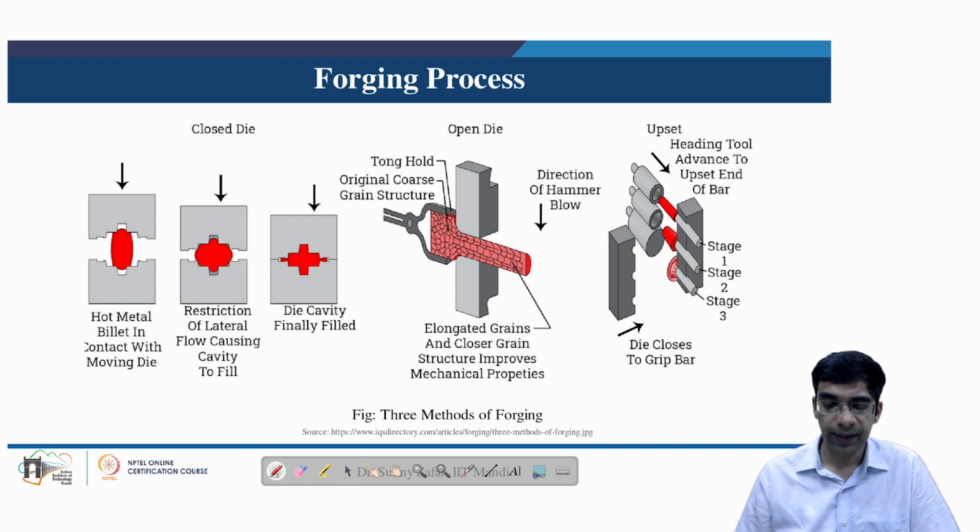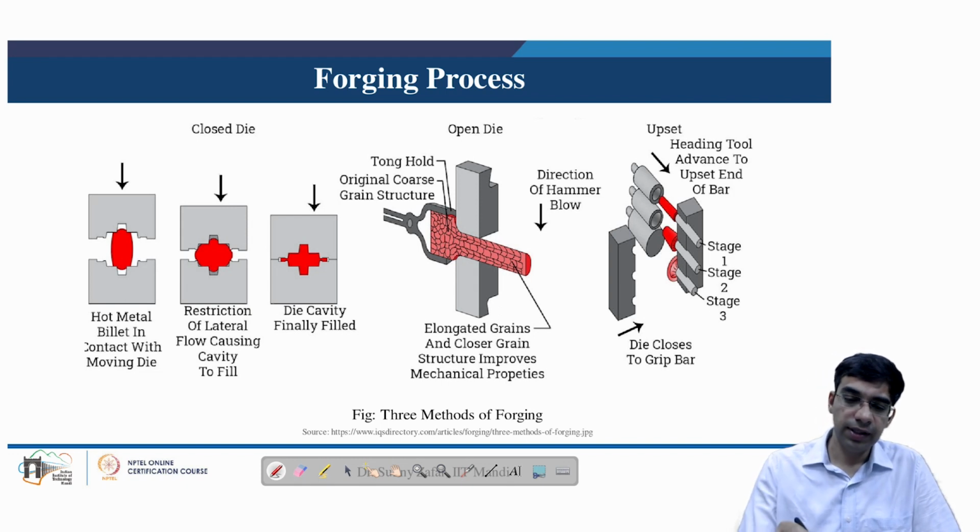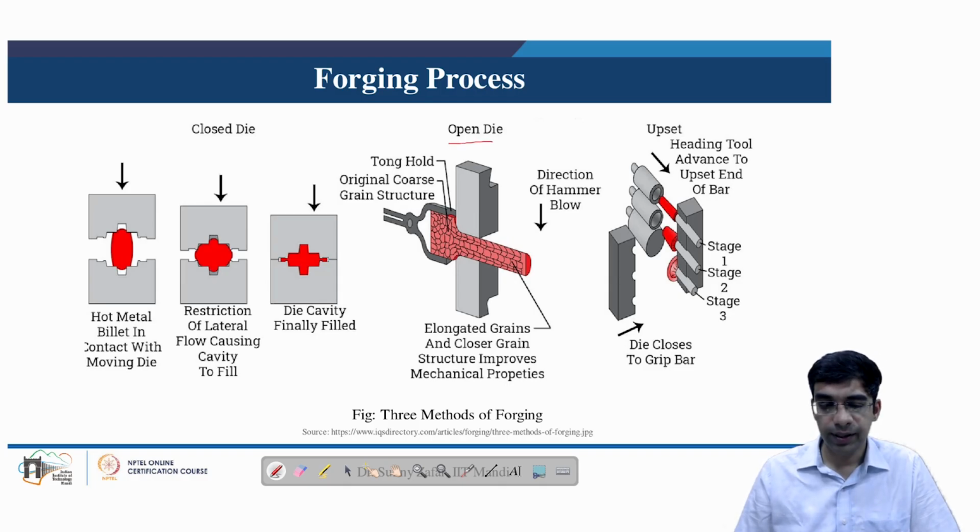In the other process, that is the open die process, we can see that the hammer is continuously blown onto the workpiece, which is held using tongs, and in the area of the workpiece coming in contact with the hammer, we can see the transformation of the coarse grain structure into a finer grain structure, which results in enhanced mechanical properties.